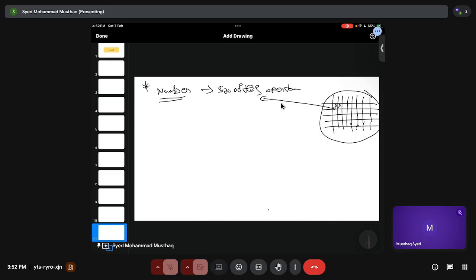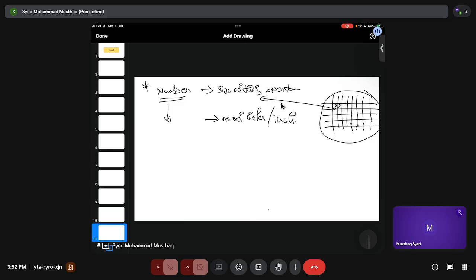If you have a very large number, that means the number of apertures or holes per square inch is large. So it is nothing but the number of holes per inch, right?